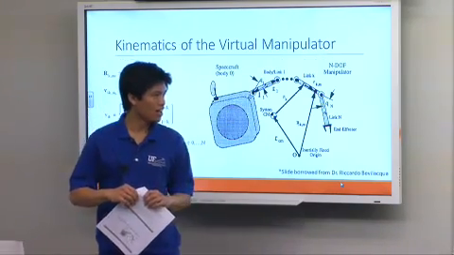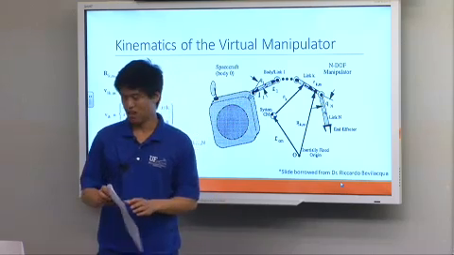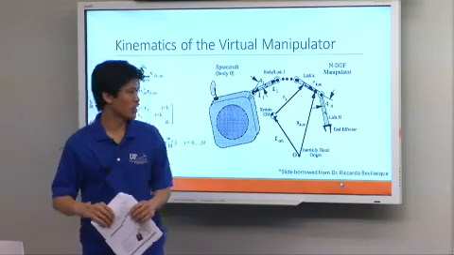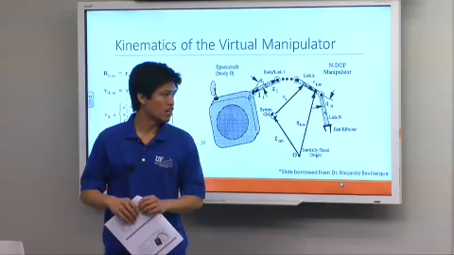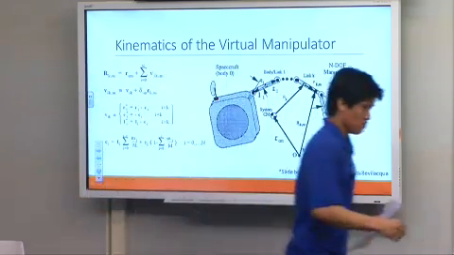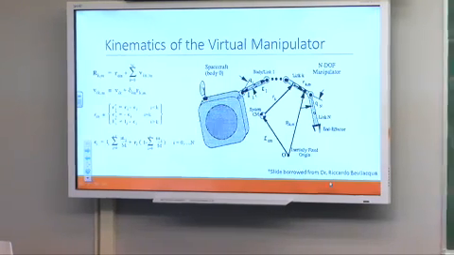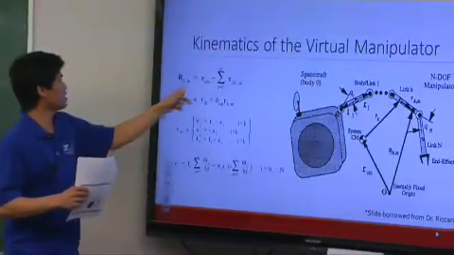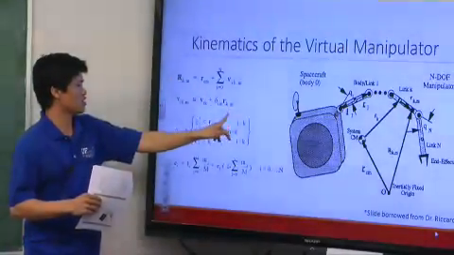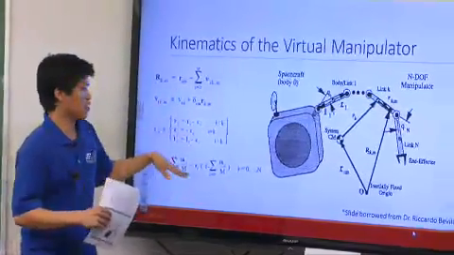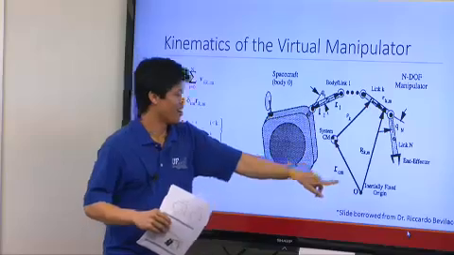So, the kinematics of the virtual manipulator. What I have on the screen, I don't want to explain exactly how you got them, but the point is that we draw these position vectors, and they're defined this way, and there's a proof for it.